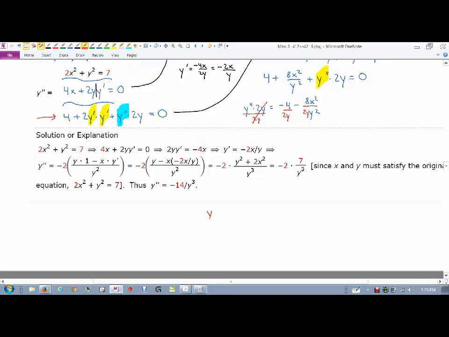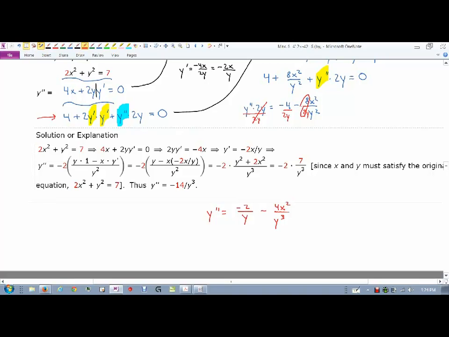So I have y double prime equals negative 2 over y, and then minus 4x squared over y cubed. So I did my 8 divided by 2 and got 4. Now that's a good answer.